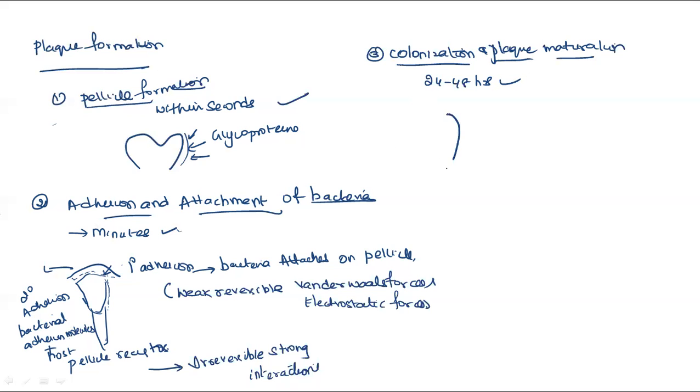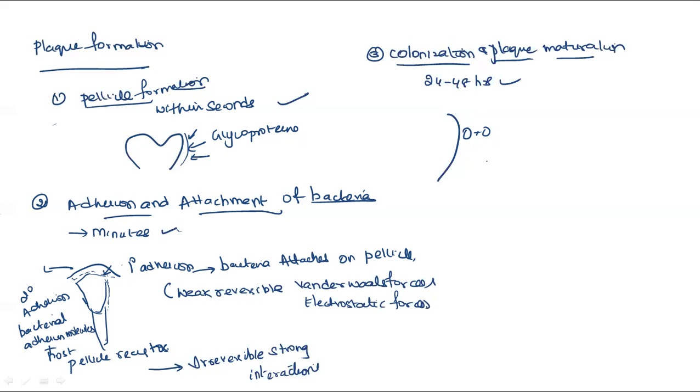First we saw pellicle, then initial attachment, then firm attachment. Now there are initial colonizers. They are usually green complex bacteria, and I'll tell about the different complexes: green, purple, yellow, orange, and red. We'll talk about it in the next slide.